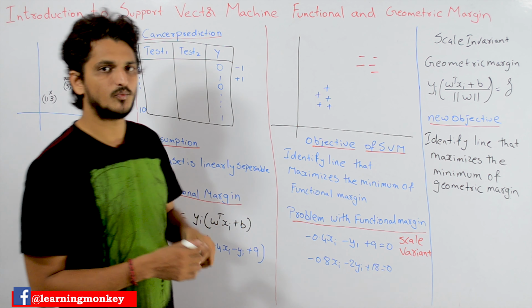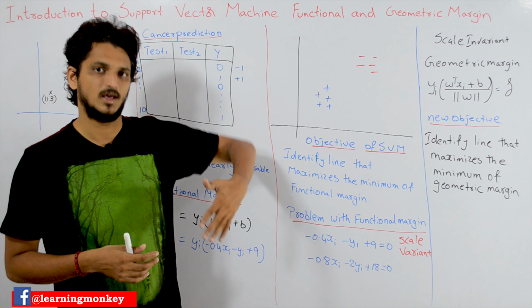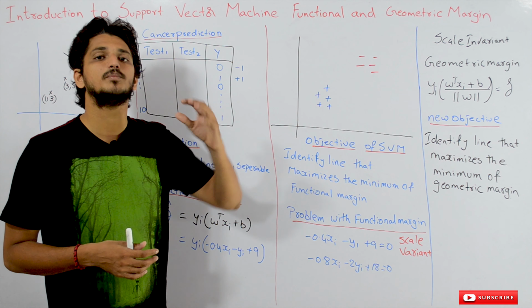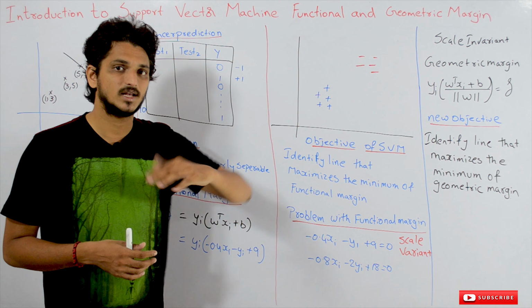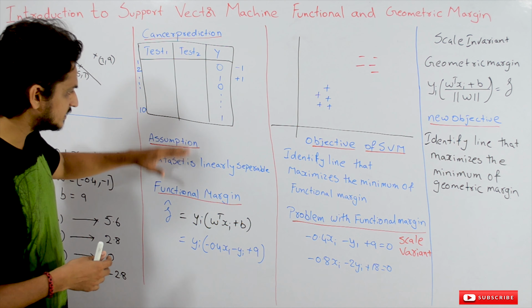Linearly separable means we can separate positive and negative points using an equation of a line, or if it is a 3-dimensional coordinate system, using an equation of a plane. If it is an n-dimensional coordinate system, using an equation of a hyperplane. That's what linearly separable means. So this is the assumption we are considering now.